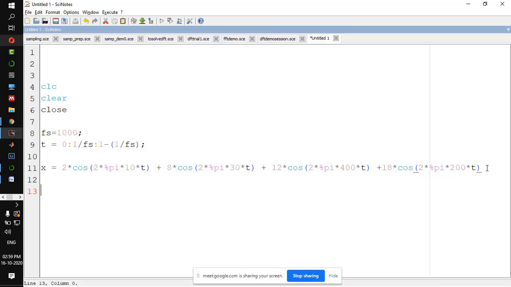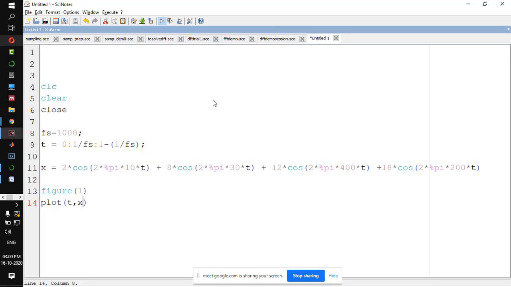Now I want to find the DFT of this signal. This is in the time domain now. Let me show you first the figure: plot t comma x.